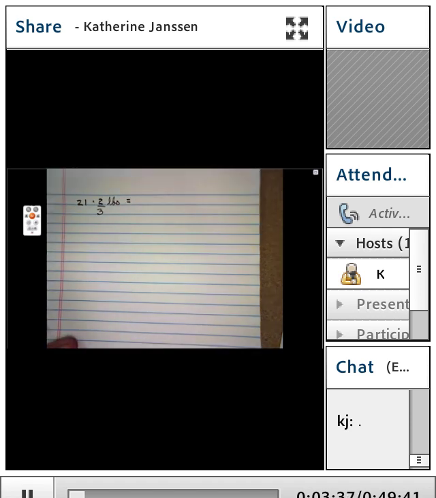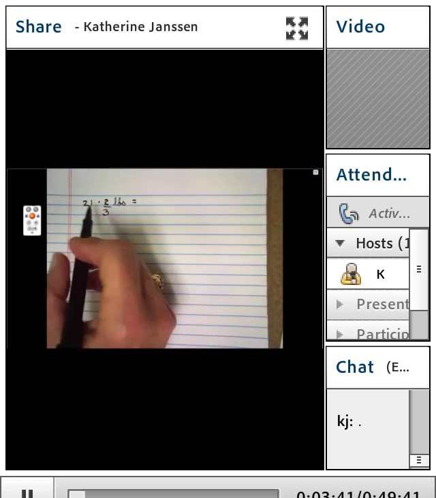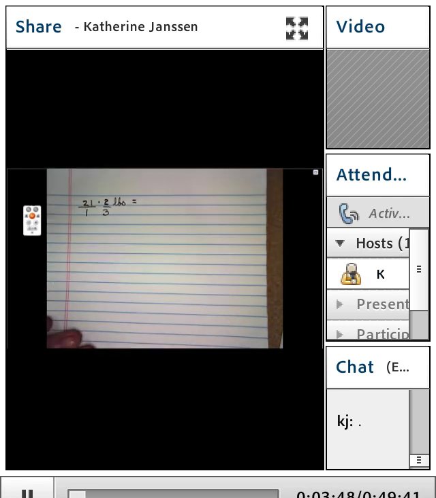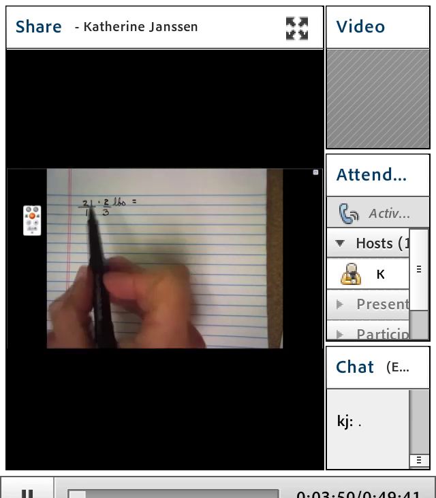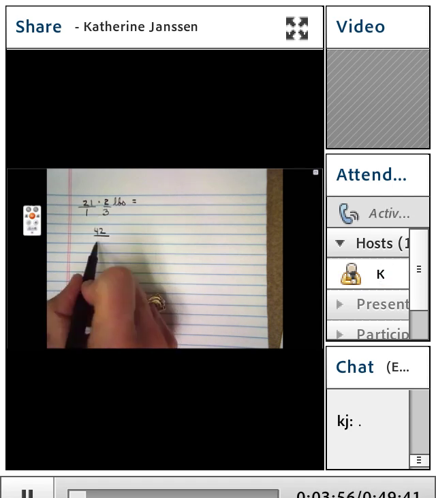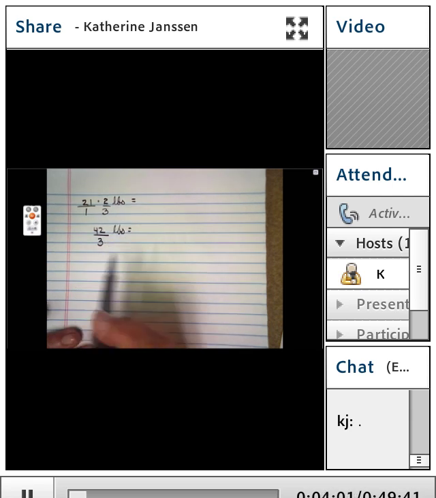Interesting to note, 21 is a whole number, and we can write that in fractional notation with a numerator and a denominator as 21 over 1. 2 times 21 would be 42. Multiply the numerators, multiply the denominators. 1 times 3 is 3. But we always want to simplify.